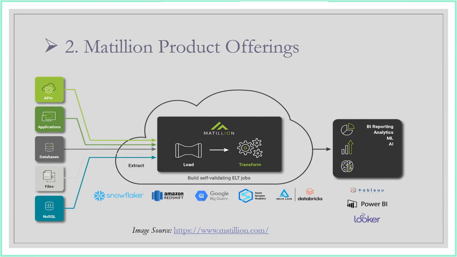Similarly, for Redshift, we can do all the things which Redshift supports. There are differences in the syntaxes for Redshift, Snowflake, Google BigQuery and others. Everything that can be done using a workbench, we can do using Matillion. And once the data is there in Snowflake, we can again use Matillion to load and transform the data.